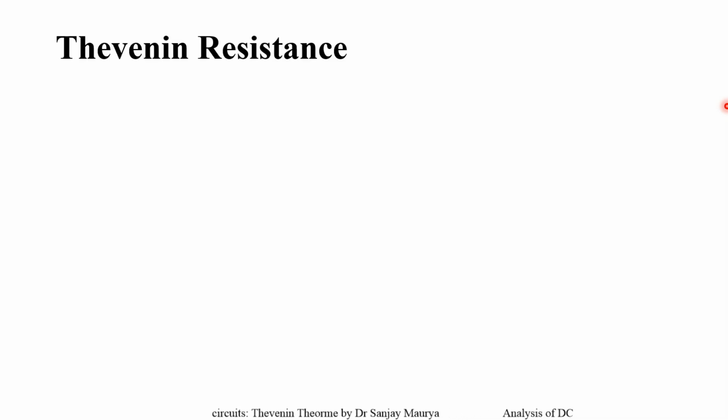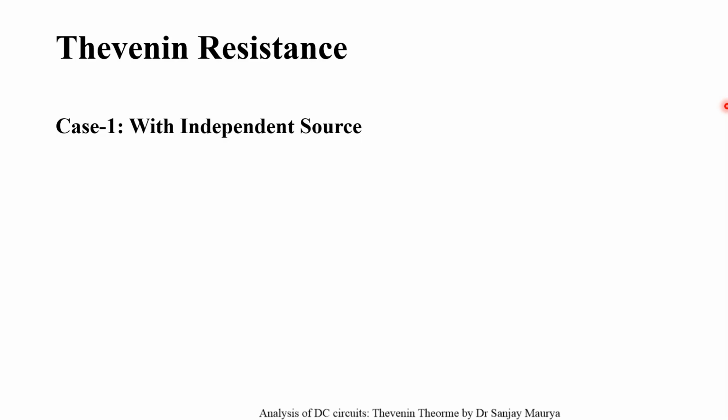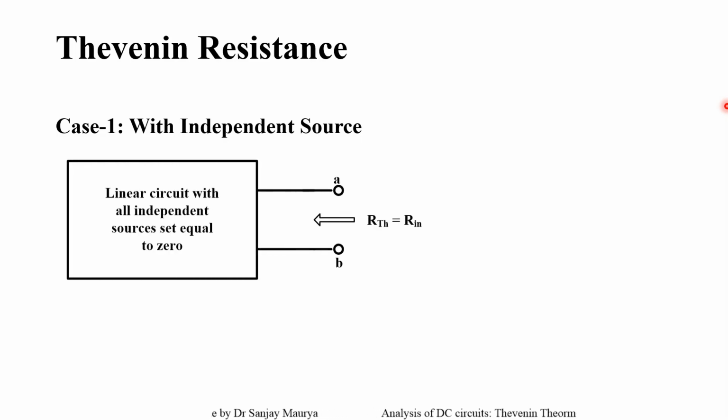Normally in an electrical circuit, we are having the dependent sources and the independent sources. So I am considering first the case where the circuit consists of only independent sources. After removing the load, I'll get the two terminals and all the independent sources are set equal to 0.